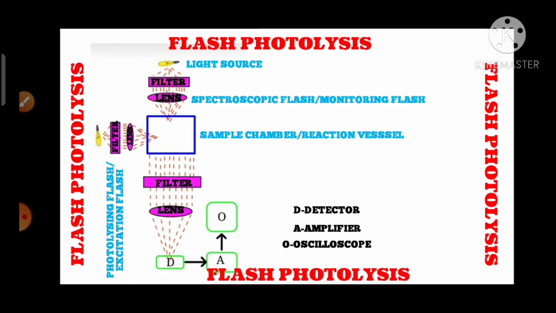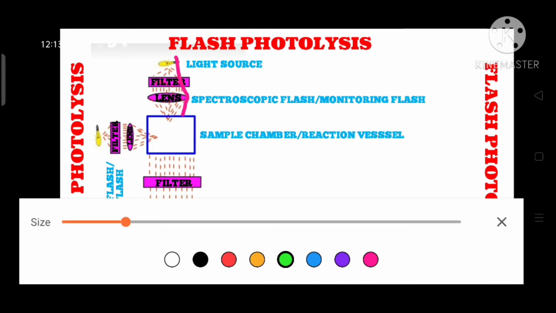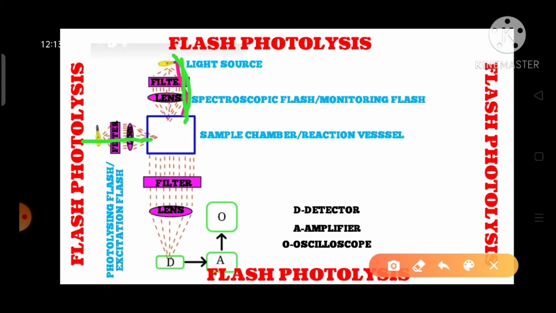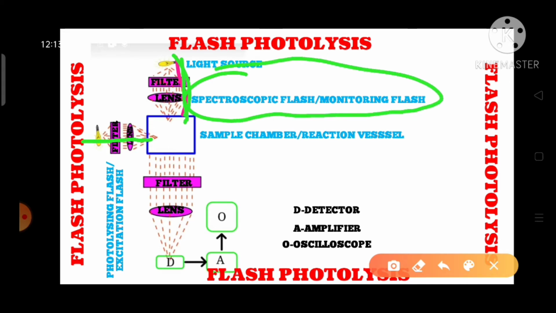In this flash photolysis technique, we use two types of light sources which are perpendicular to one another. One light source is the spectroscopic flash or monitoring flash, also known as the probe flash.